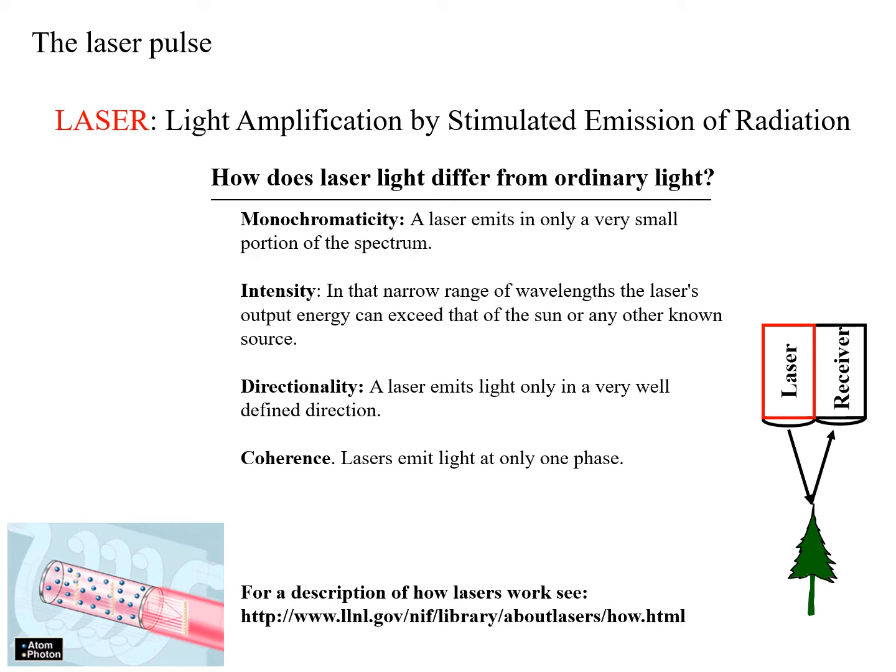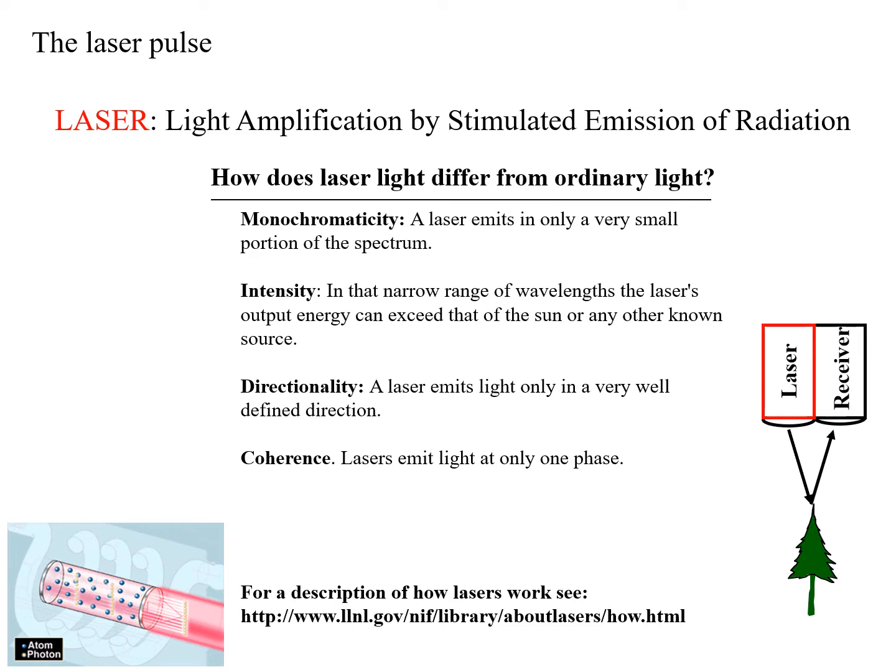So how does laser light differ from ordinary light? Well, it's monochromatic. That is, a laser emits in only a very small portion of the spectrum. The color that it's going to emit is going to be only within a few nanometers of what you're expecting.